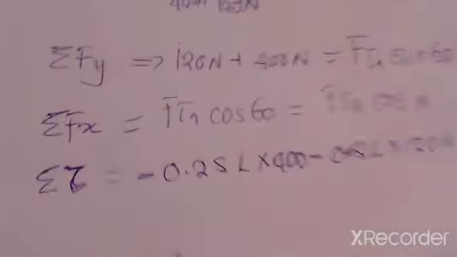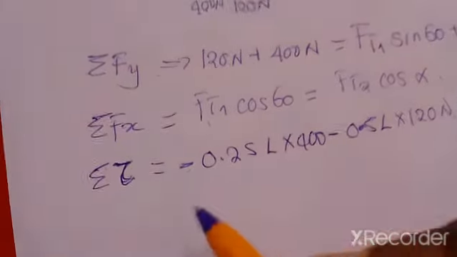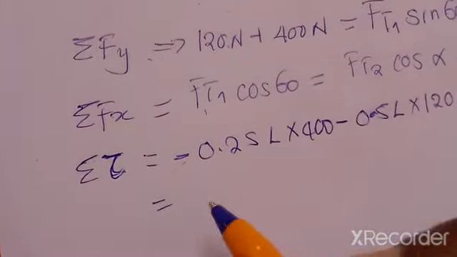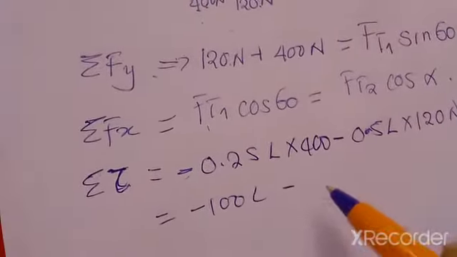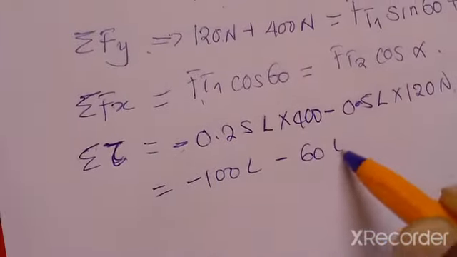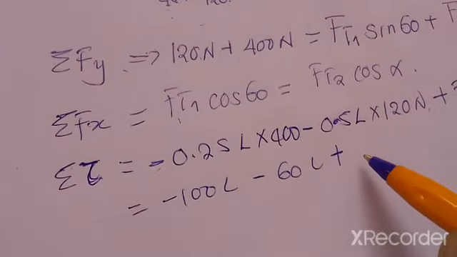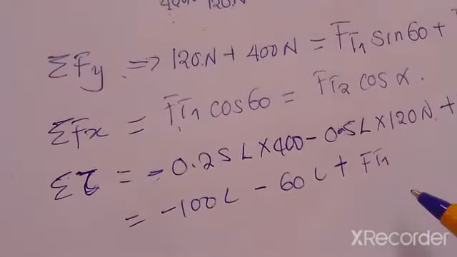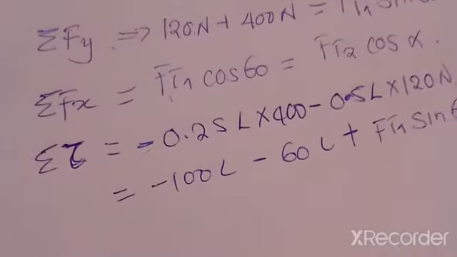How do we find the total of this? Just for the torque, we'll get back to the forces just to simplify the torques. So this will give us negative 100 L minus 60 L plus Ft1 sine 60 L. Alright, that's what we have.